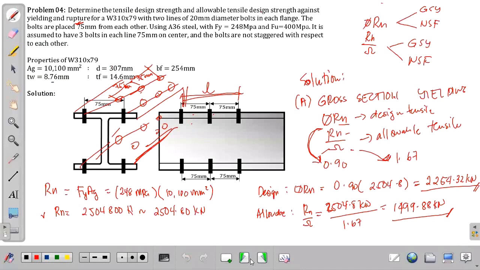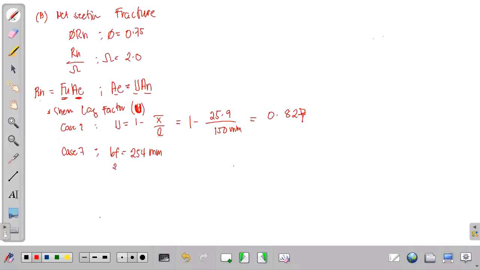And our D is 307. So 2/3 of D is equal to 2/3 of 307. So kindly solve the 2/3 of D. What is our value here? 204.67.